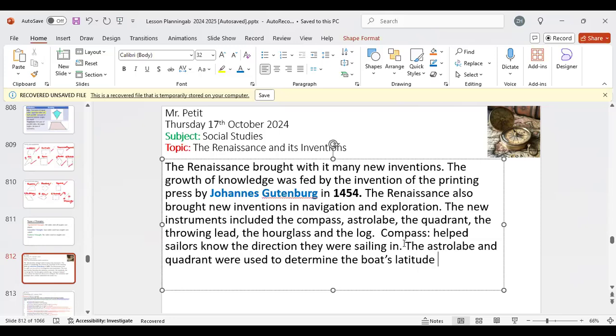Anyone ever learned about latitude and longitude lines? Remember that? Latitude is the one that goes across, left and right, and longitude is the one that goes up and down.